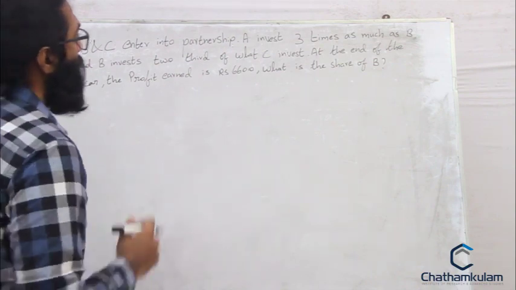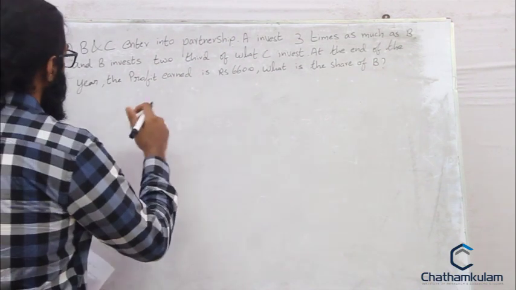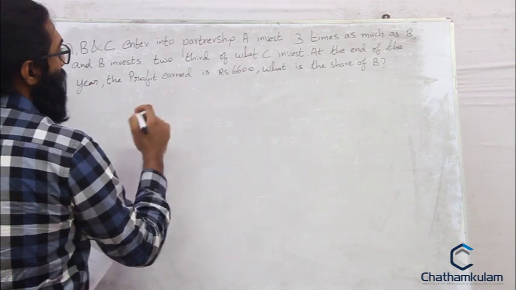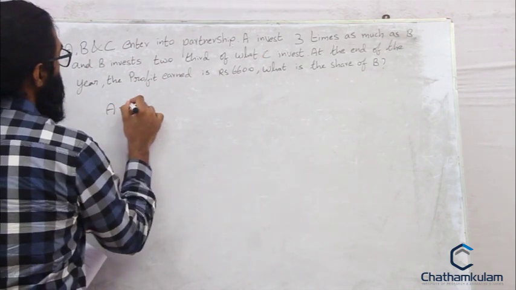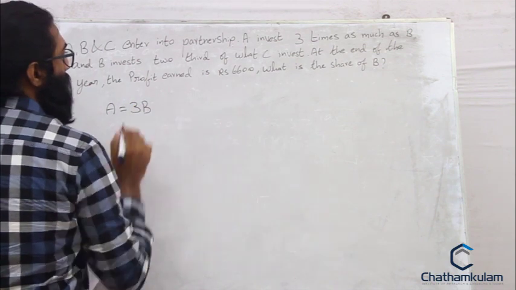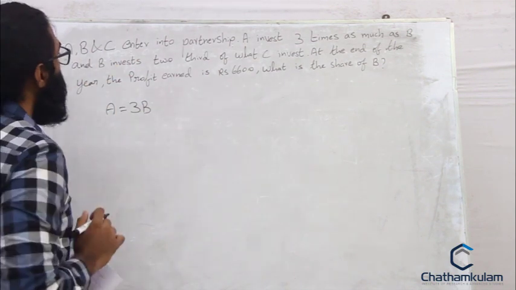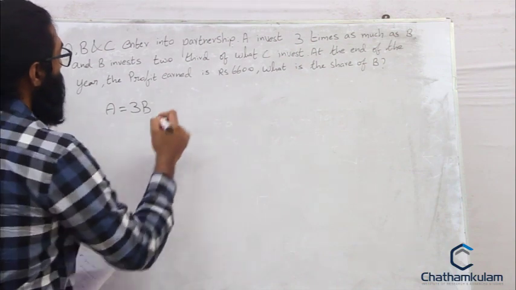First we will write what is given in the question. First, it's given that A invests 3 times as much as B, and B invests 2/3 of what C invests, right?